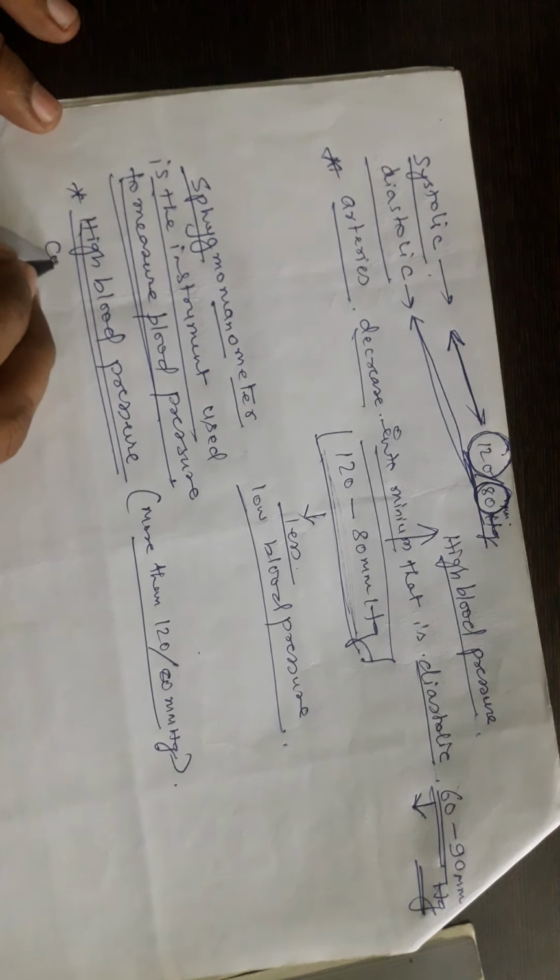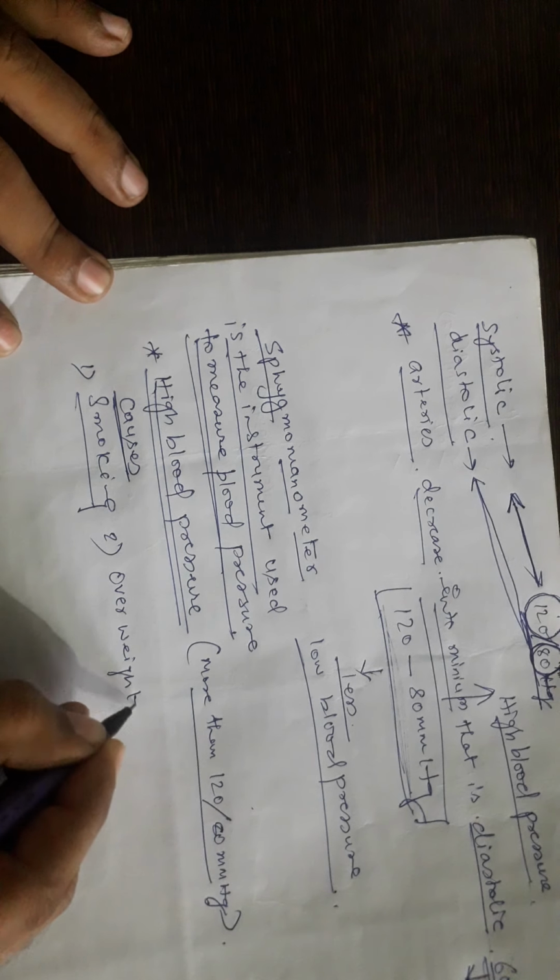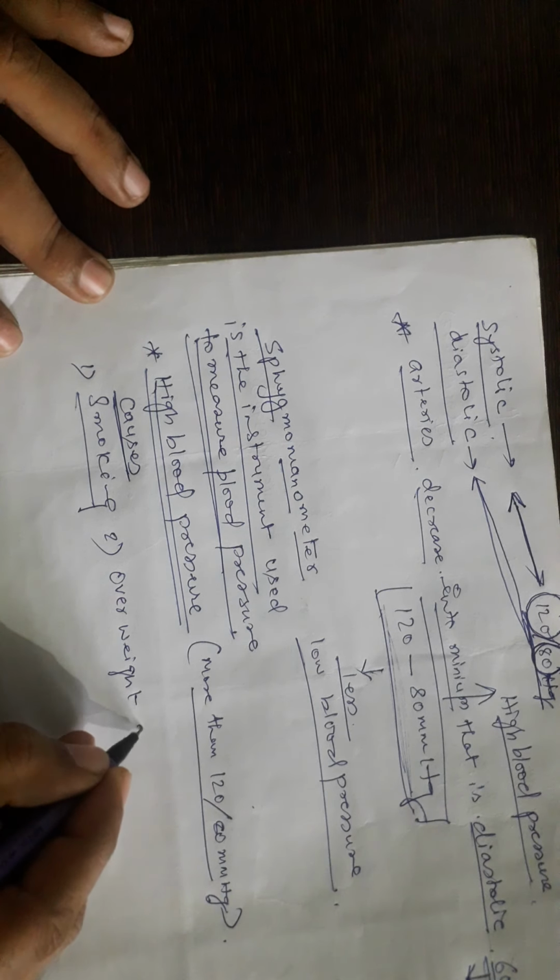The next one is overweight. Overweight also creates high blood pressure. Then the next one is lack of physical activity.